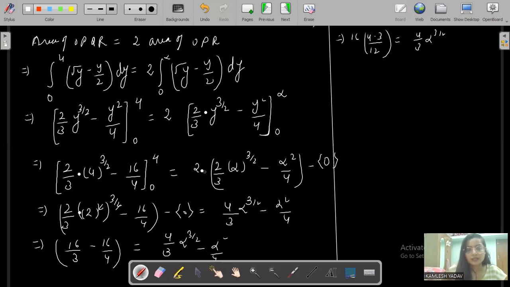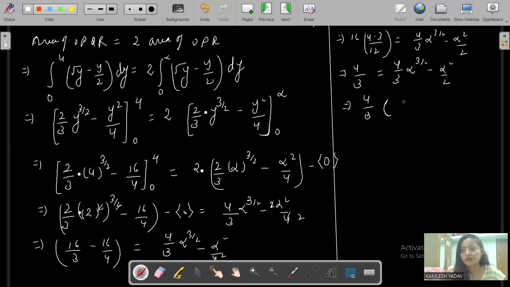And see here, we missed the multiplication by 2. It becomes 1 upon 2, then minus alpha square by 2, which is equal to 4 by 3 alpha to the power 3 by 2 minus alpha square by 2. Now 4 by 3 we can take common, then alpha to the power 3 by 2 minus 1, minus alpha square by 2, which is equal to 0.